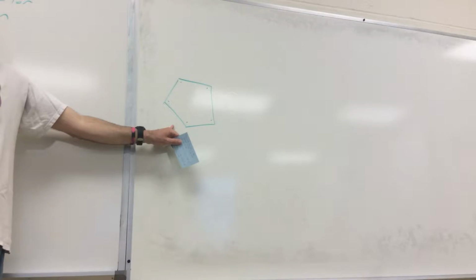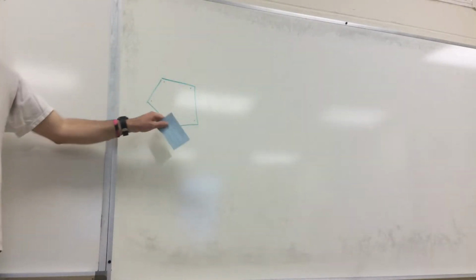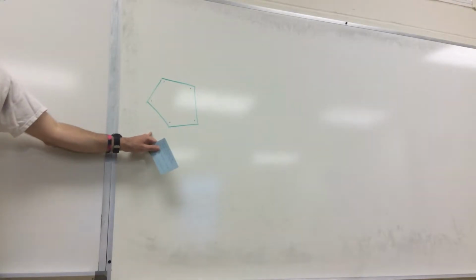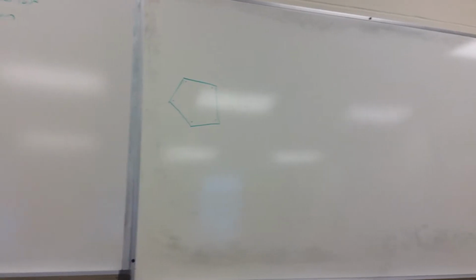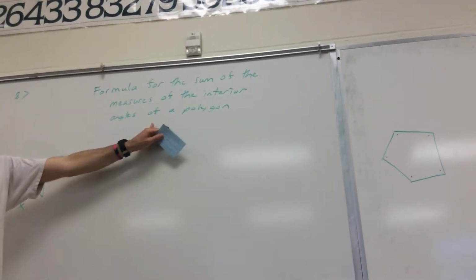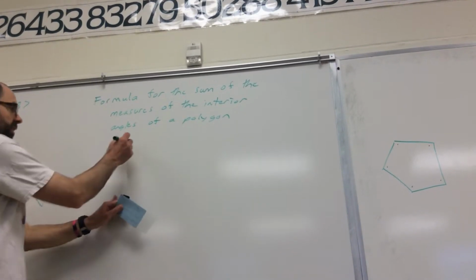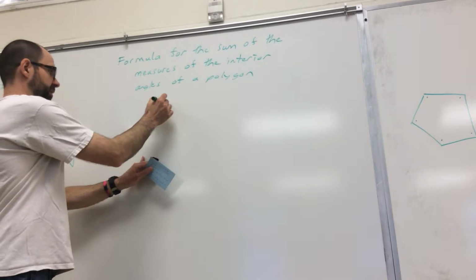And the formula I'm about to show you is a way of figuring out how much those angles add up to. So if you have 5 inside angles, it'll tell you what all 5 of them add up to. It's the sum of the measures of the interior angles.